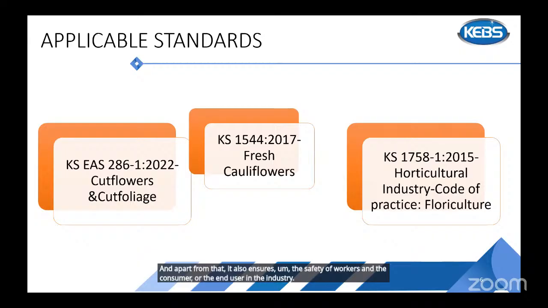When the KS 1758 was being developed, it not only looked at the Standards Act, it also looked at other acts or laws that had been developed, like the Water Act and the Pest Control Products Act. So all these acts were looked into when they were developing this standard.